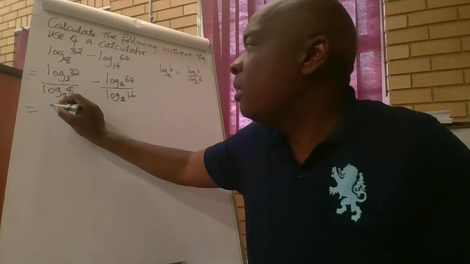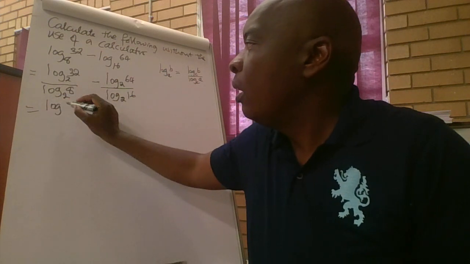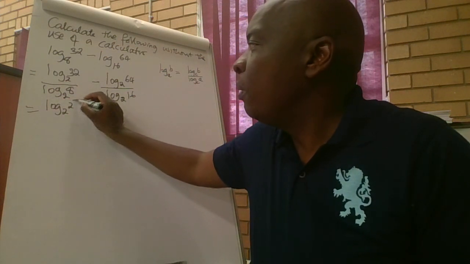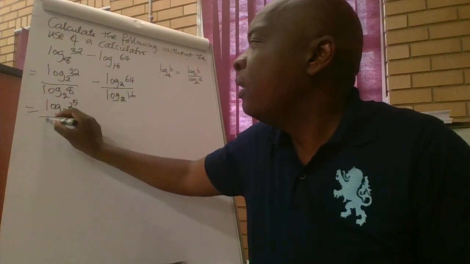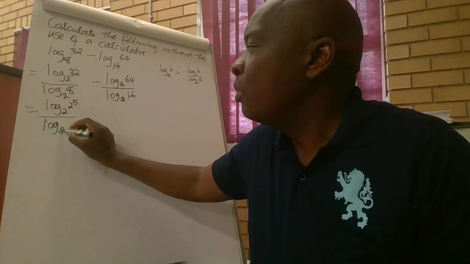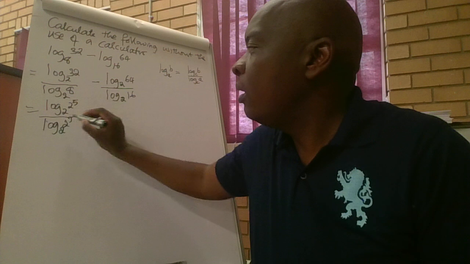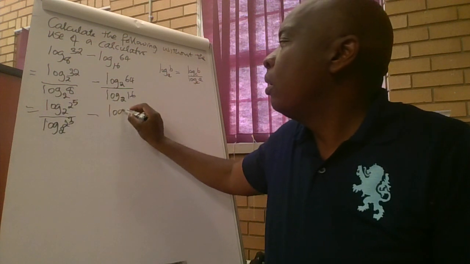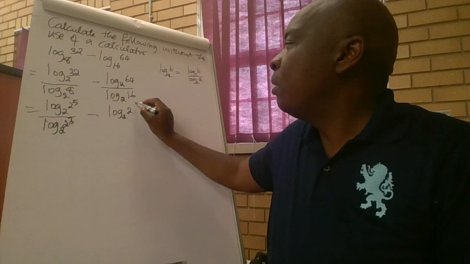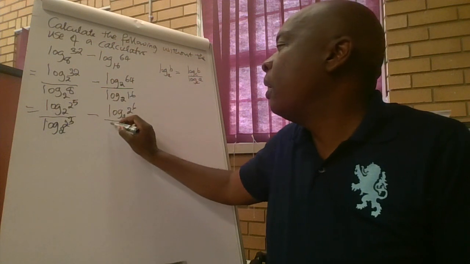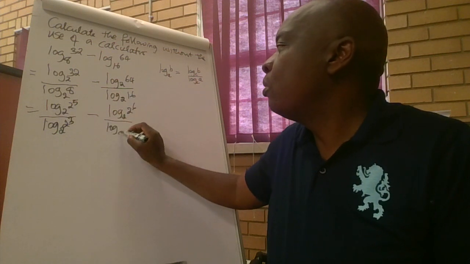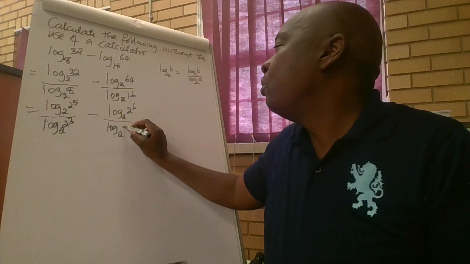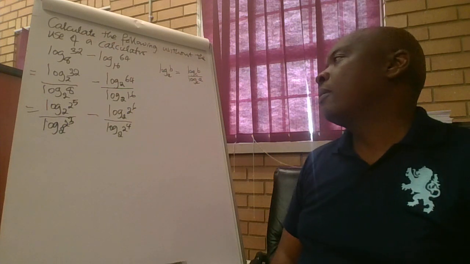So I can express this here as log to base 2 of 2 to the power 5 divided by log to base 2 of 2 to the power 3 minus log to base 2 of 2 to the power 6 divided by log to base 2 of 2 to the power 4, like that.